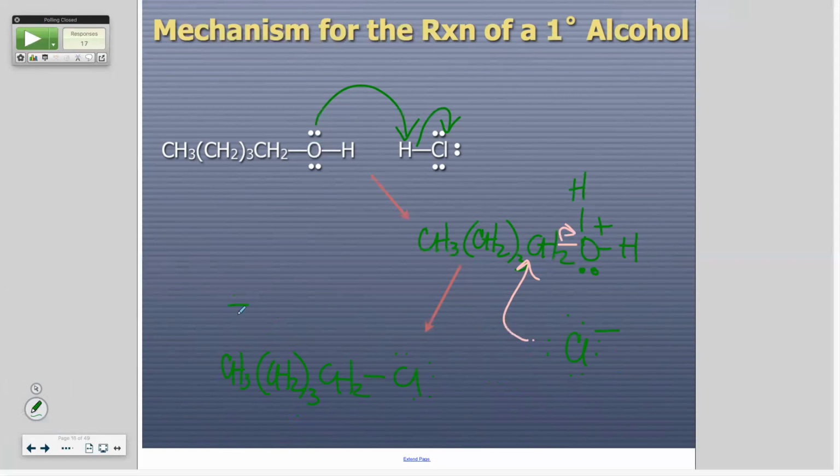Okay, plus H2O. The O now has 2 lone pairs on it. Any questions? What if you're SN1? That's the issue.